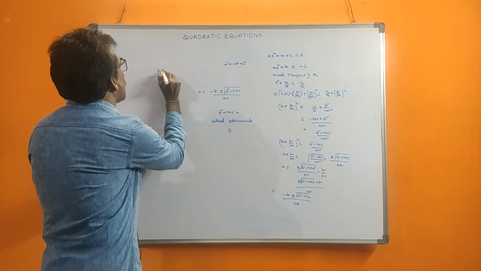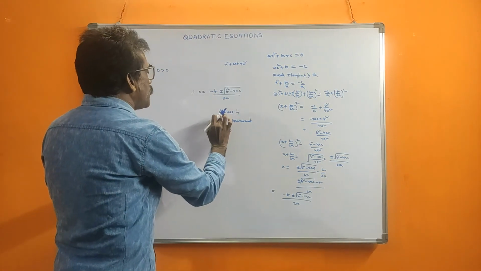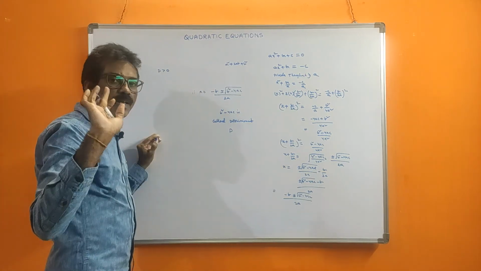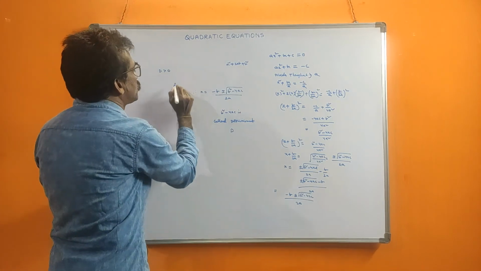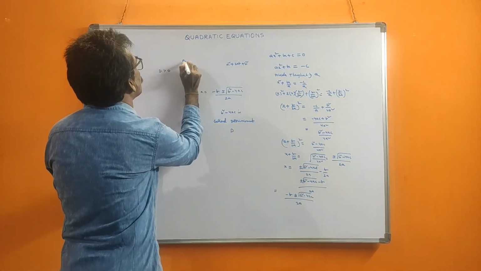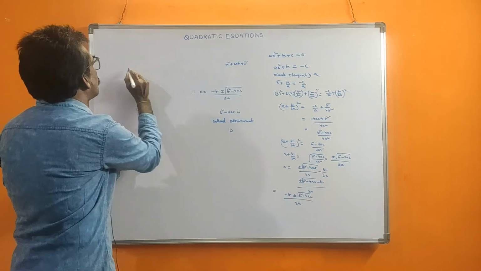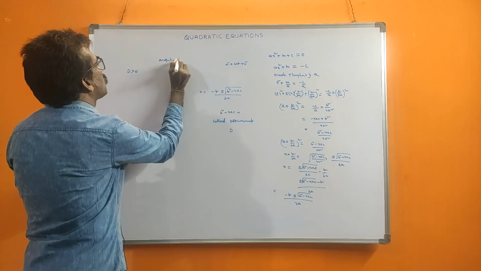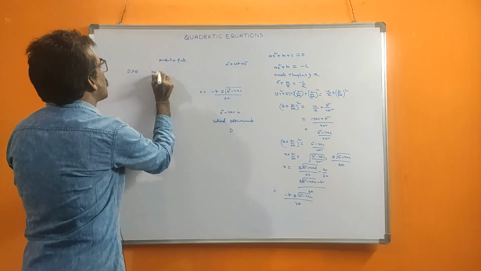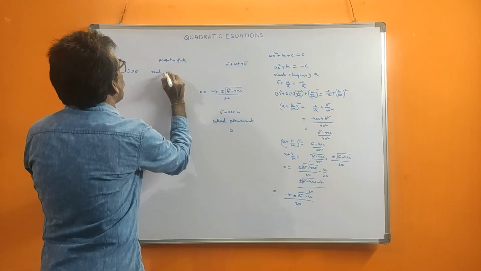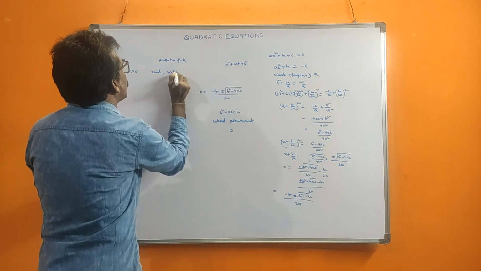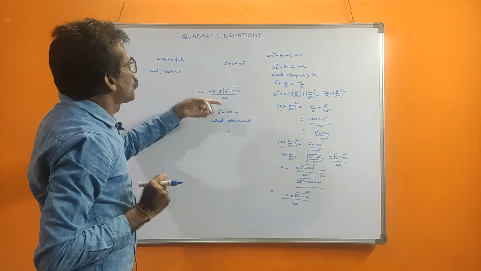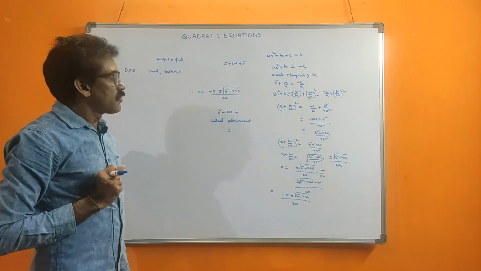Suppose D is greater than 0, that means b square minus 4ac value is greater than 0, any real number like 1, 2, 3. D greater than 0 means the roots are real and distinct. Real means only real values will come, and distinct means two different values will come.